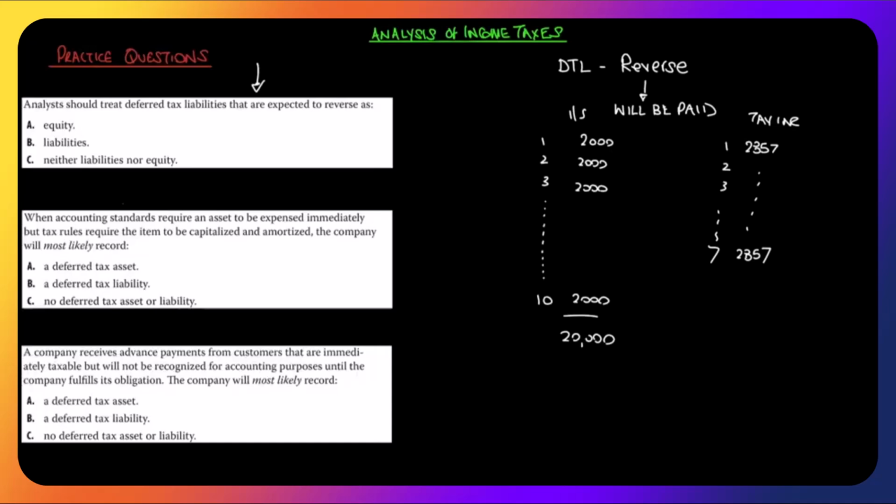This deferred tax liability would reverse in years 8, 9, and 10 because we get nothing as depreciation expense when we're calculating taxable income in years 8, 9, and 10. Which means taxable income in those years is going to be too high compared to what we think it should be using our accounting depreciation. So in 8, 9, and 10, we'll pay more tax. The DTL is reversing. When we said we had a future tax liability, that is where we're paying it. We say the DTL reversed.